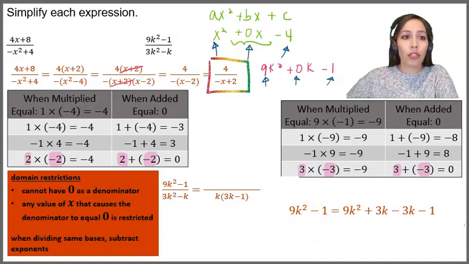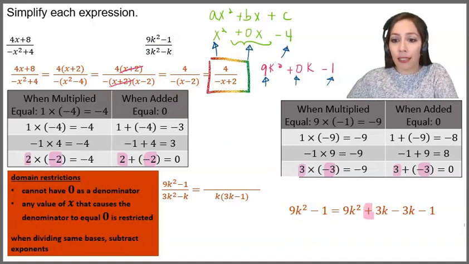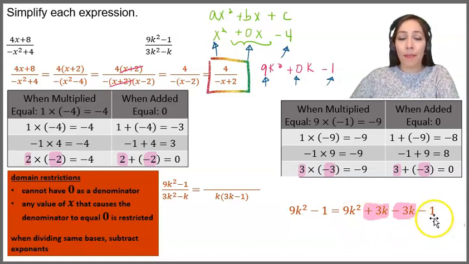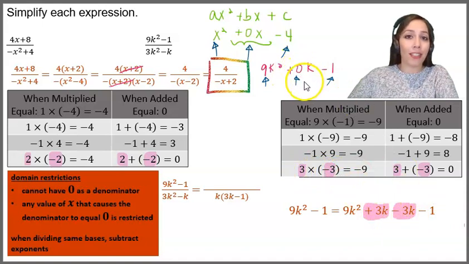So when you do this, you will notice that the plus 3k and the minus 3k are in the center. The 9k squared and the -1 didn't change at all, but you have to add the 3k and -3k in the center. When you add those up, it equals 0k, so they cancel each other out. But when you have a coefficient that is anything other than 1, you have to use the grouping technique.